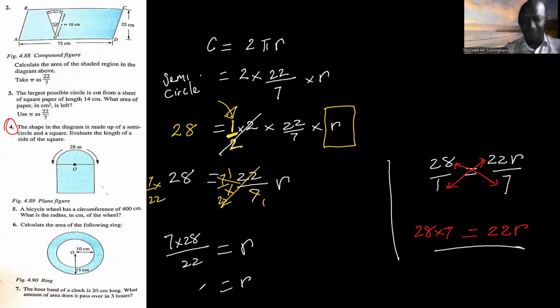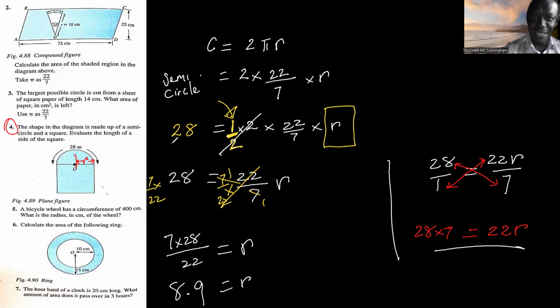So your answer, Theodora, is 8.9. So R is 8.9, but it didn't ask for R. If you watch carefully, they ask for one of the sides. R is just half of a side.